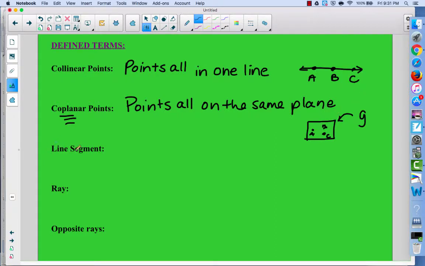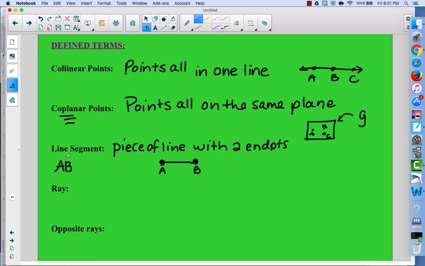A line segment is a piece of a line with two endpoints. It consists of the endpoints and every point in between the two endpoints. So if I would call this line segment AB, the symbol I would use would be just a straight line above it with no arrowheads, unlike that line symbol we used.